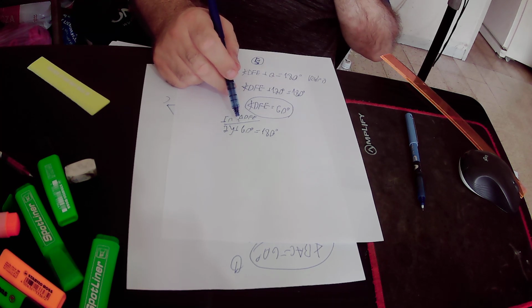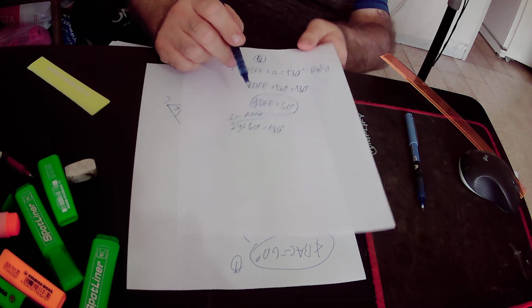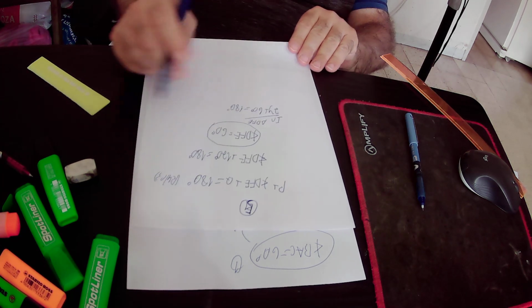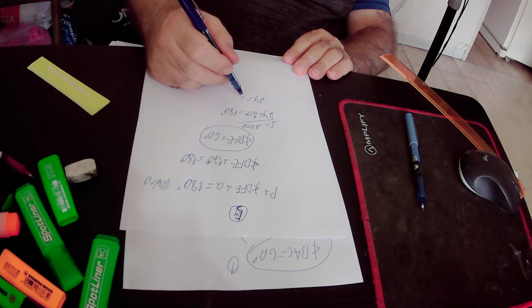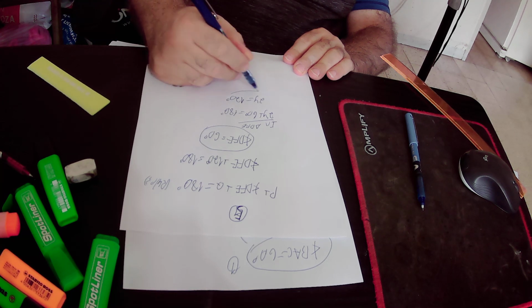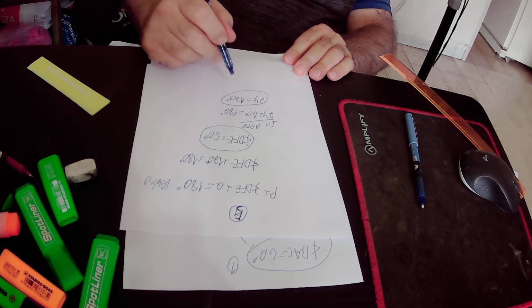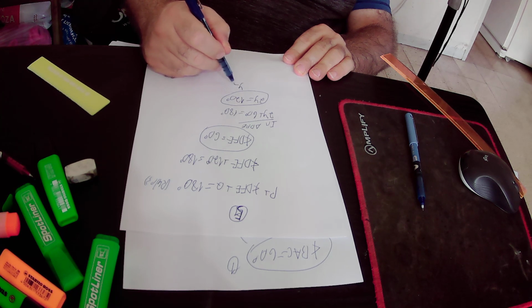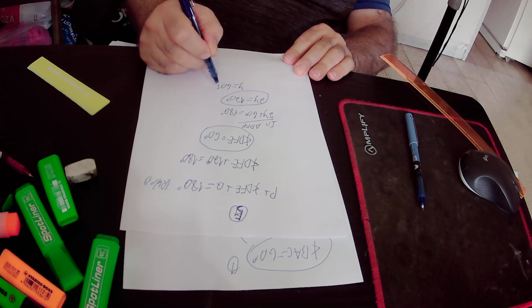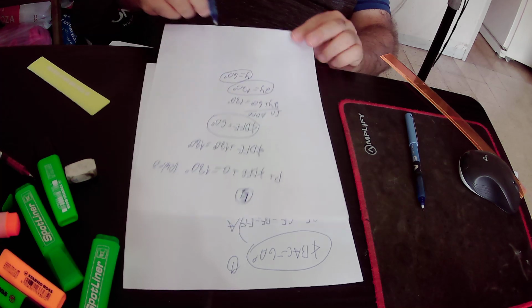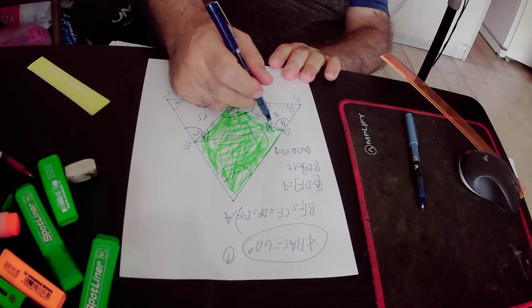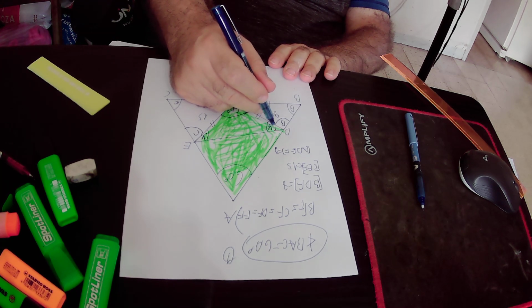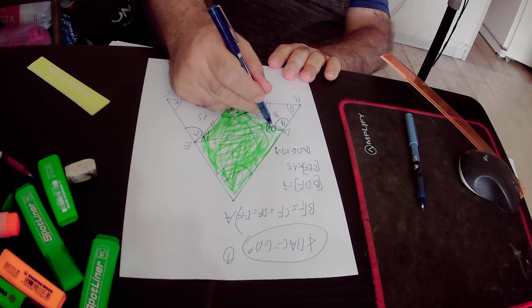Here we will subtract 60 degrees from this equality, and we will get that 2y equals 180 degrees minus 60 degrees, which is 120 degrees. So here we will divide this equality by 2, and we will get that y equals 60 degrees. Okay, y equals 60 degrees. That is to say, this angle equals 60 degrees. This angle equals 60 degrees.